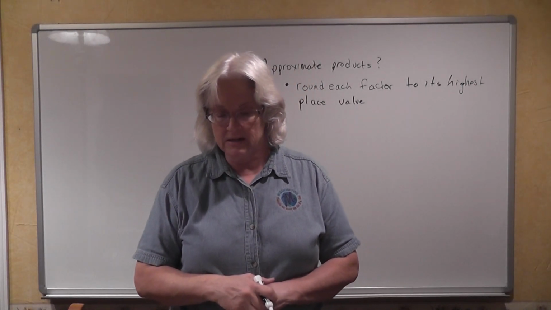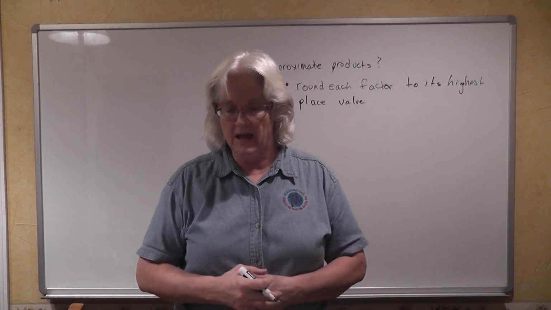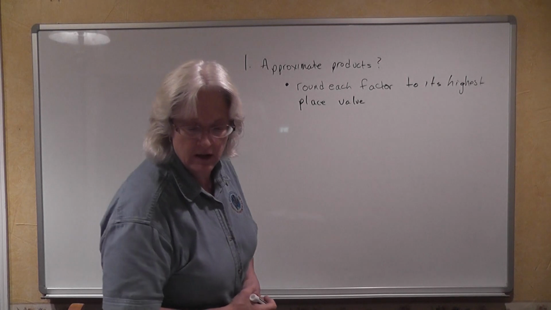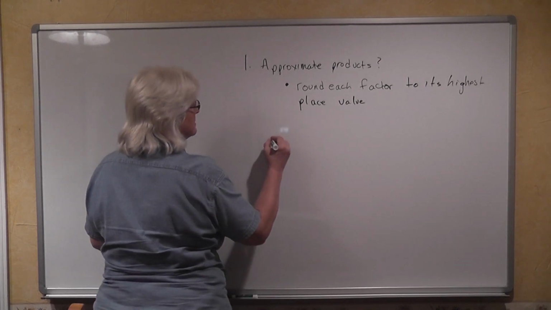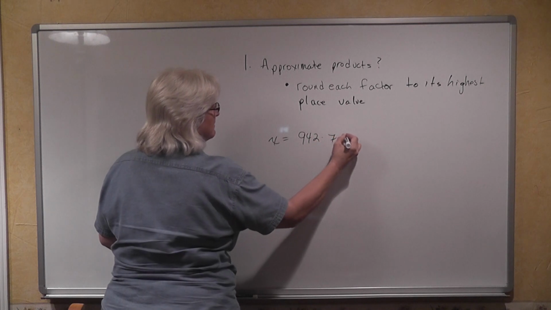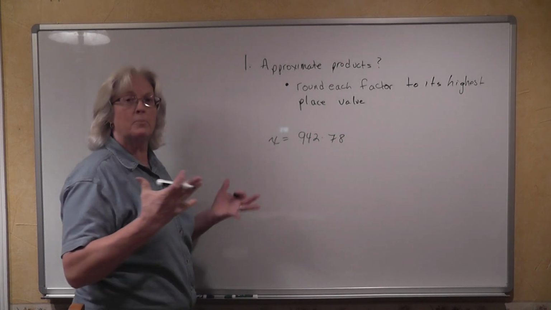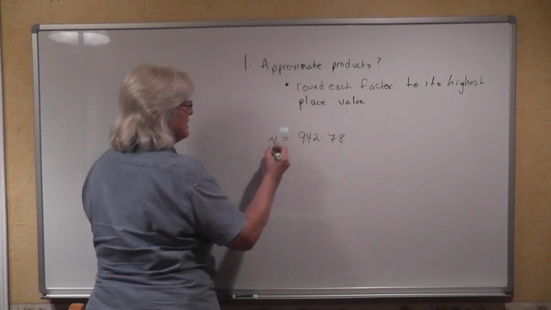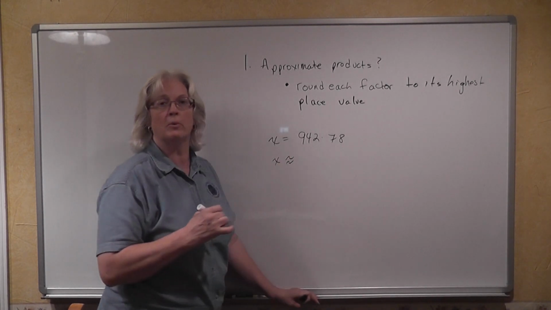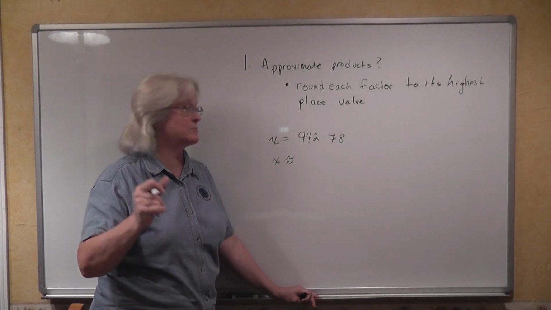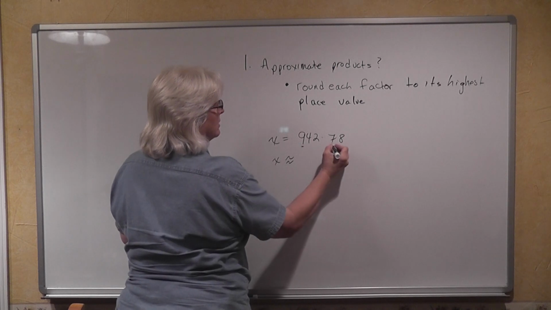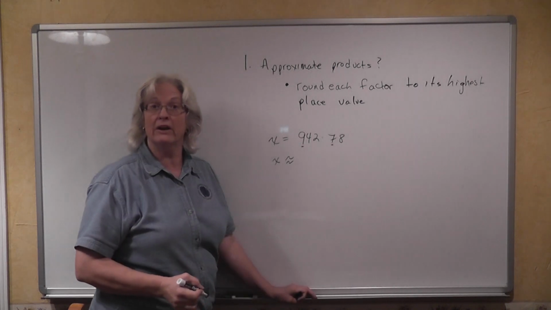So if we have example 1a on page 63, x is equal to 942 times 78, and we want to know approximately what that is going to be equal to. Instead of the straight equal sign, we have these little squiggle bars, and that means we're coming up with an approximation. We're going to round each factor to its highest place value.